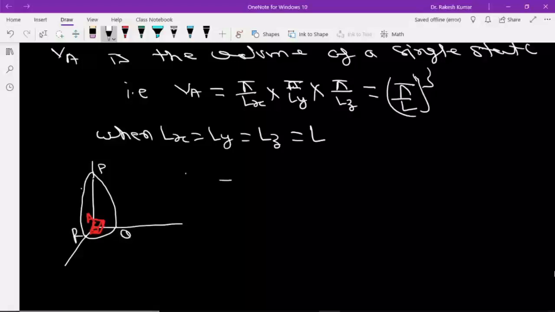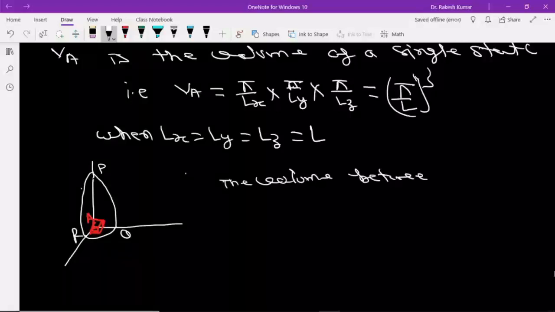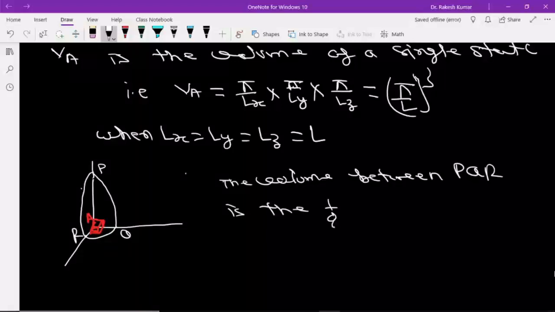And we note that the volume between P, Q and R is the 1/8th volume of the sphere.